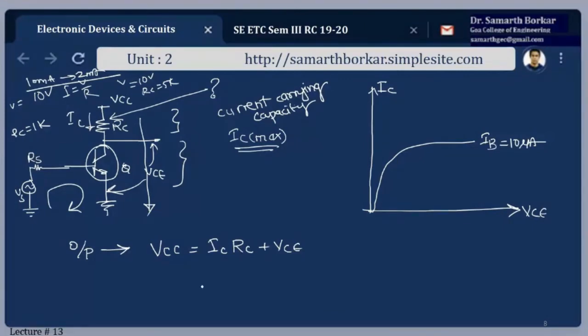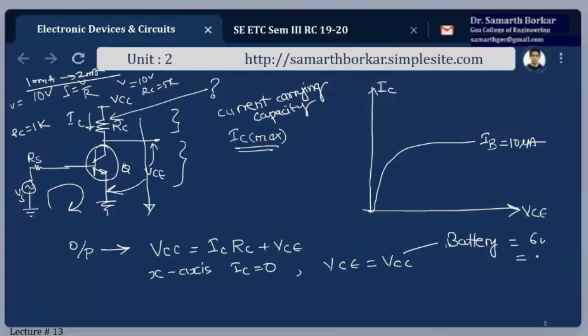Fine. Now, on this axis, VCE, sorry, IC is 0. So on the x-axis, IC is 0. If I substitute in this equation, what I get is VCE equals VCC. What is VCC? In our case, it is the battery voltage. Normally, for SL100, we use 6 volts.